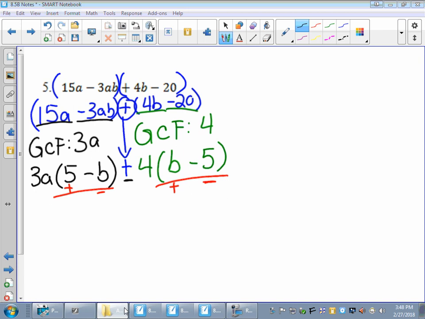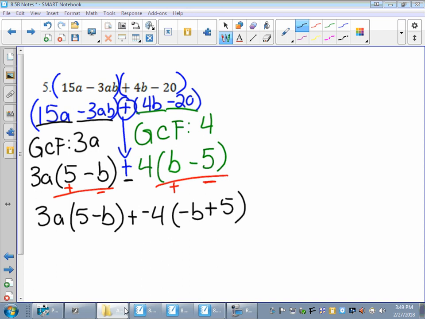So if I was to rewrite this, I'm going to leave my first term exactly the same. Multiplied this whole thing by a negative, and that gave me a plus negative 4. And because I want to distribute that negative all the way out here, I am going to say that this is now negative b plus 5.